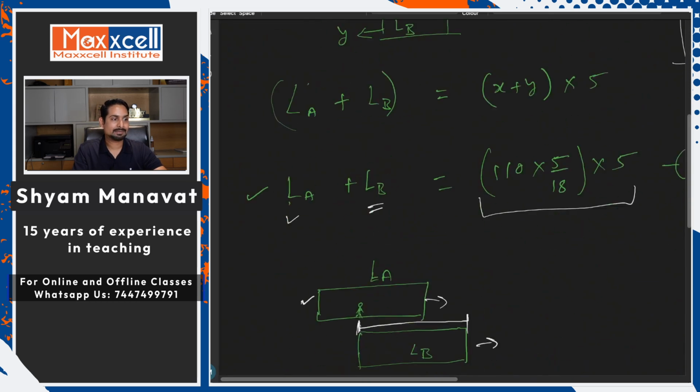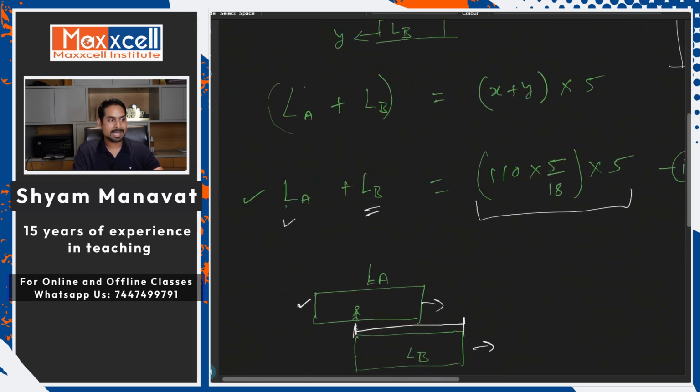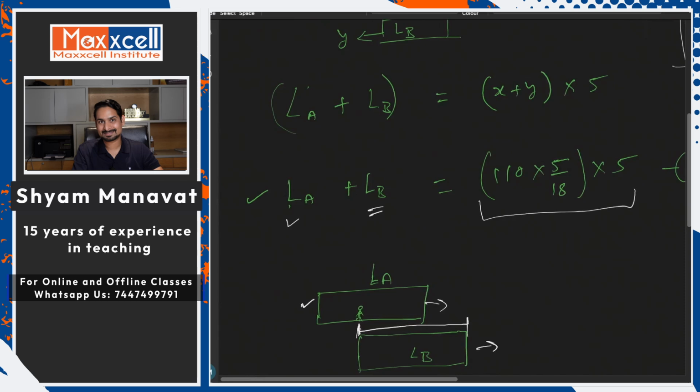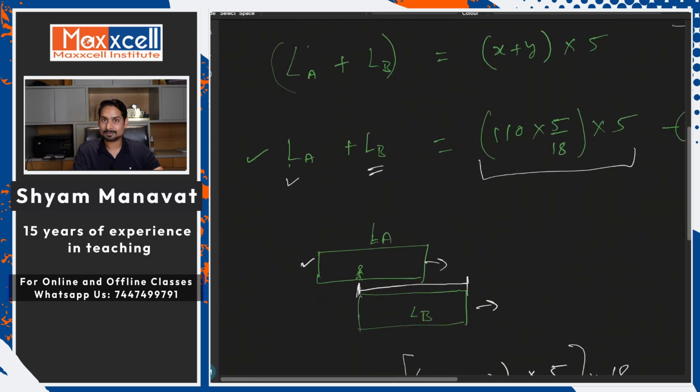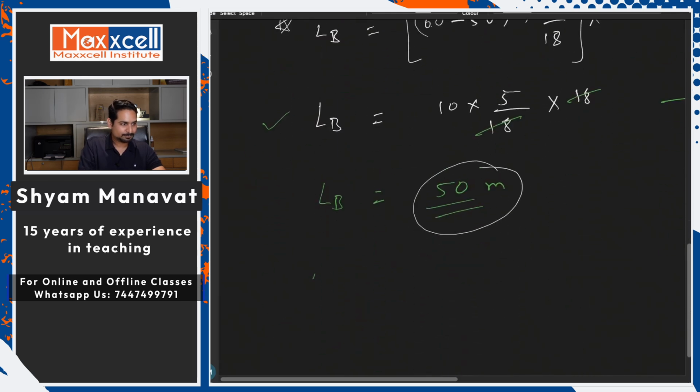In that case, we would have to solve equation number 1 also, and it is all about calculation, and you can find the length of train A. I know you are much faster at calculation than me, so you can try this out and get the length of train A also.